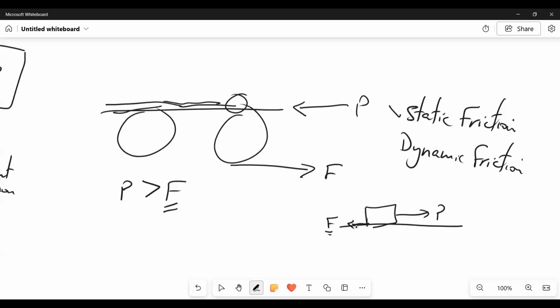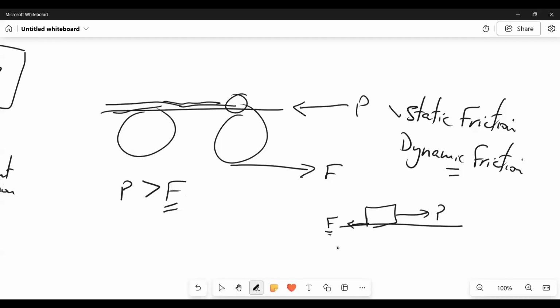In other words, it goes to a maximum just before this body starts to move. But once it gets moving, the frictional force tends to get a little less, and that's what we call dynamic frictional force.